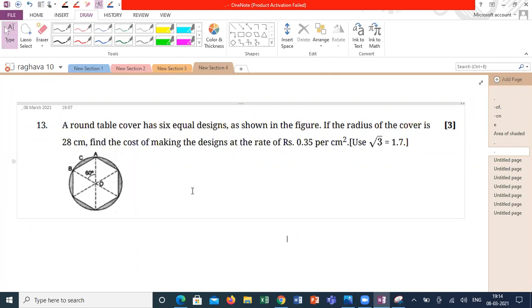Sir, the total cost is 162.68 rupees, sir. 162.68 rupees, correct? Yes, sir, I got like that. Yes, see, we'll wait for other answers also.